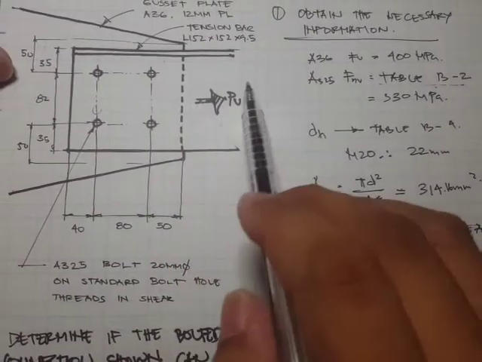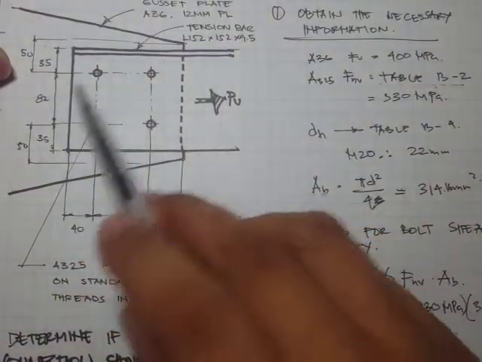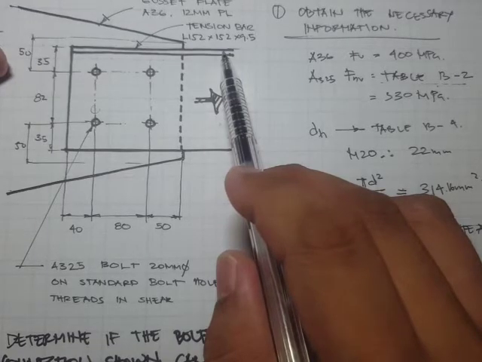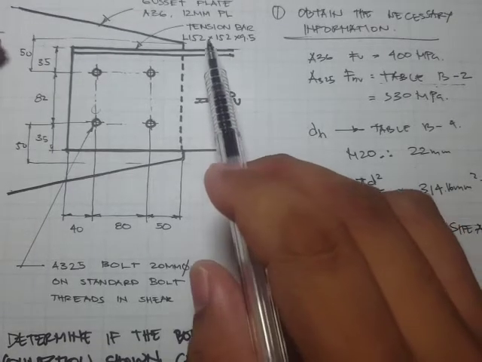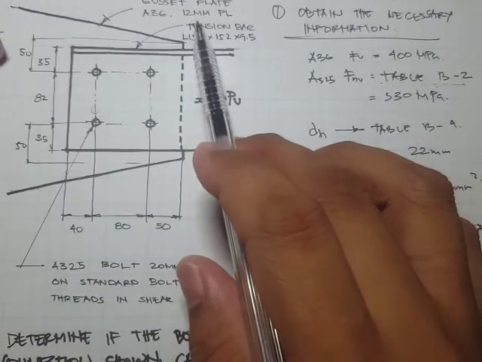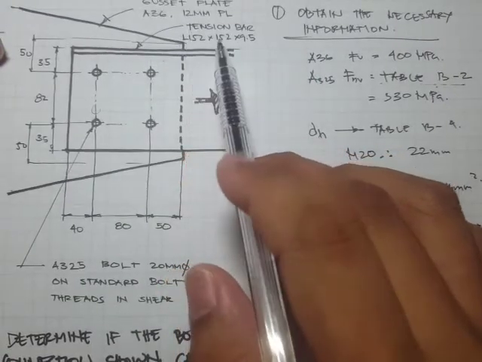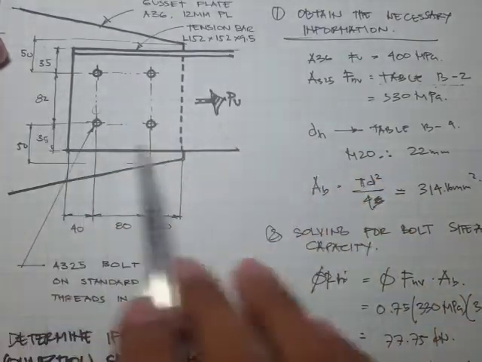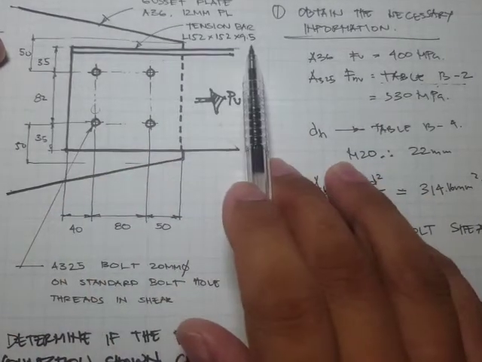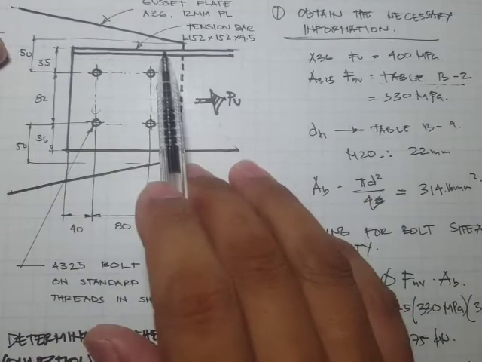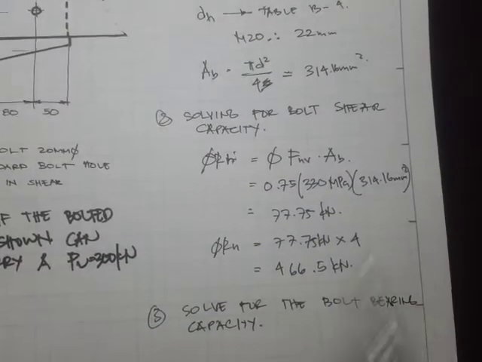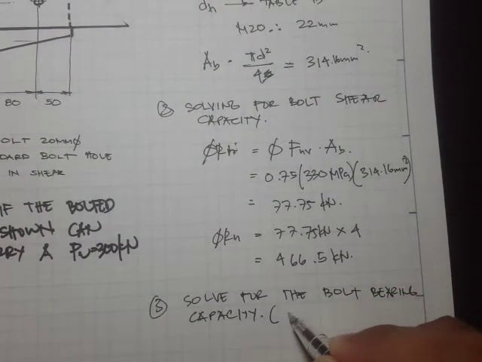So it could happen that bearing occurs in this tension bar, or is it also possible that the bearing can be on this gusset plate? So we have to check the bearing capacity of this bar. Then later we'll also check the bearing capacity of the plate. For now, let's say bearing capacity of the tension bar.